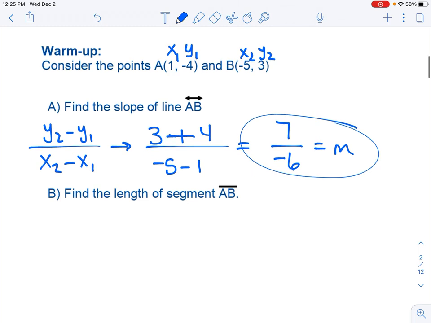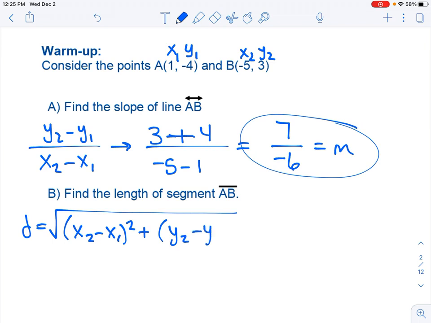And then for the length, we'll use our distance formula. We'll plug in our numbers once again. So we get 3 minus a negative 4 squared plus, oops, I put my y's in.